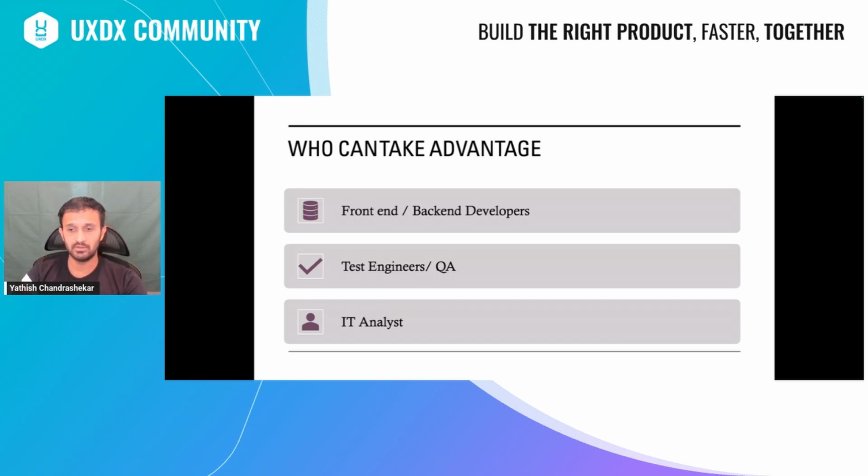Those are helped by Copilot too. So not only developers or QA, even IT analysts can make use of it. If someone wants to look into the code base and understand how this code works, what this feature is, and the reason it was built, the IT analyst can make use of that.